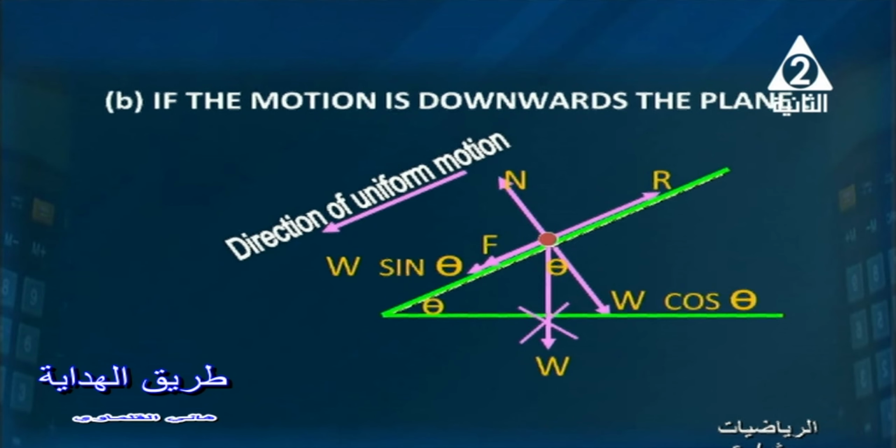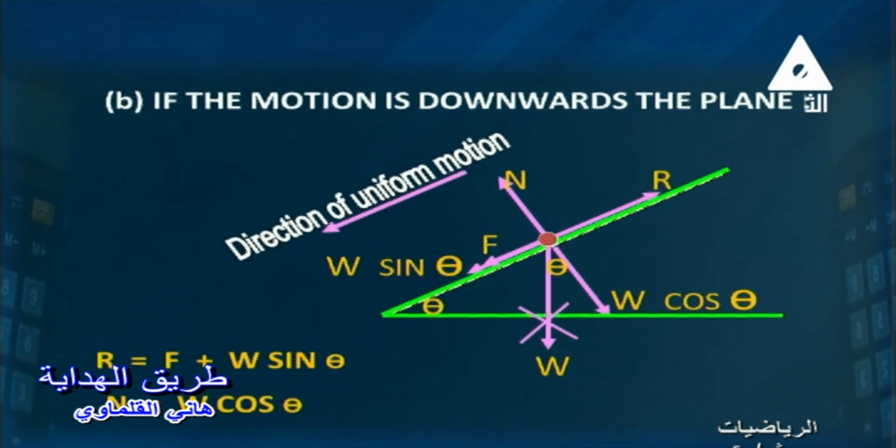Maybe the force acts in the direction of the line of the greatest slope downward. In this case, the direction of motion is downward, and the two equations are R equals F plus W sine theta, and N equals W cosine theta.